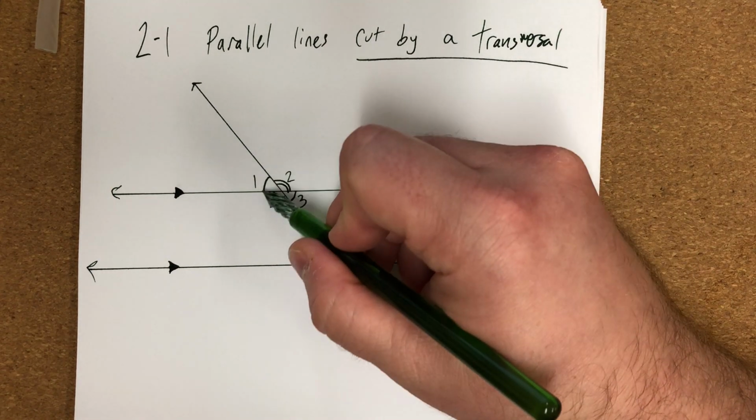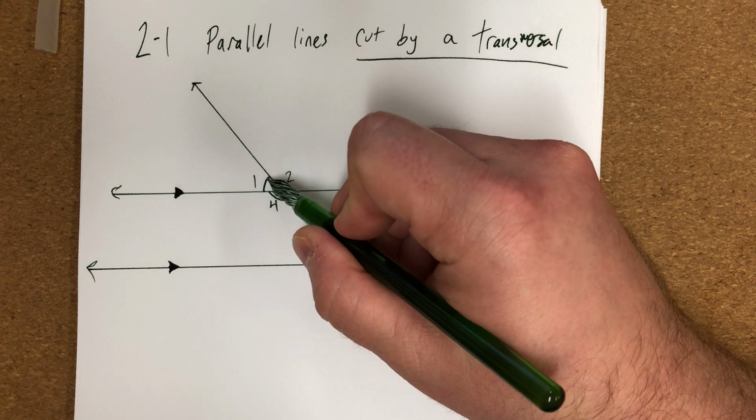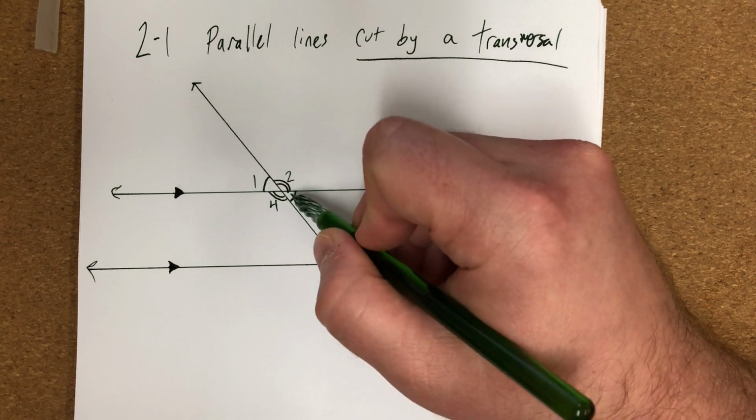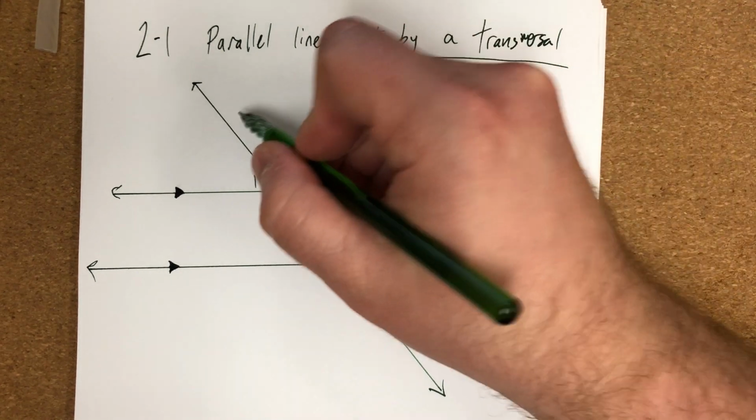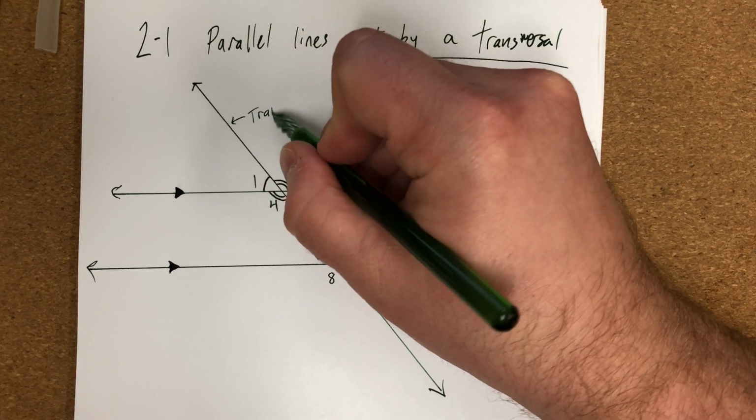So I did a single arc to show that 1 and 3 were the same. I used a double arc to show that 2 and 4 were the same. So this guy here, this is called a transversal.